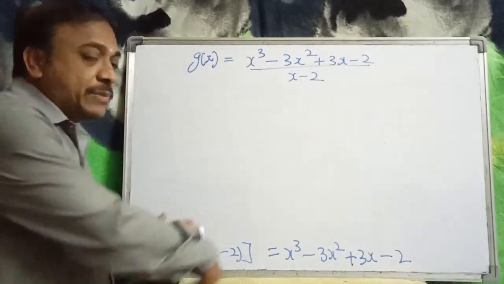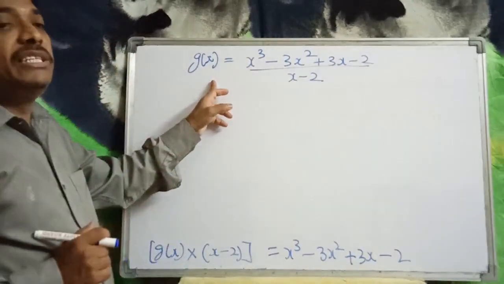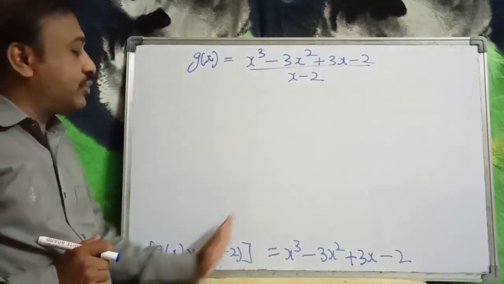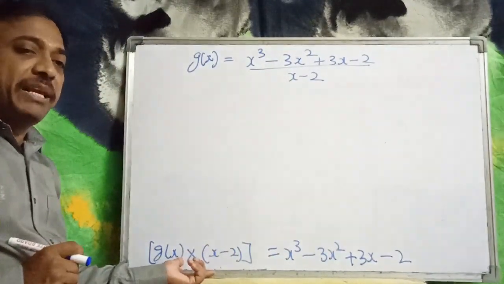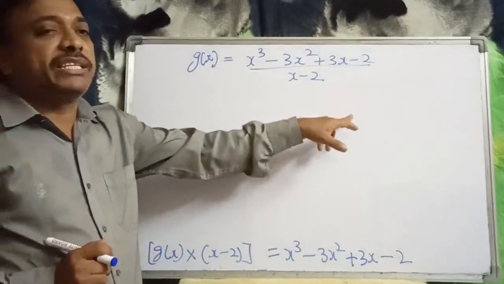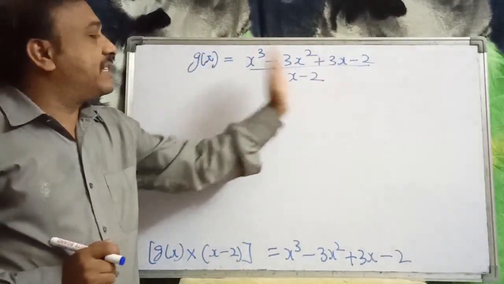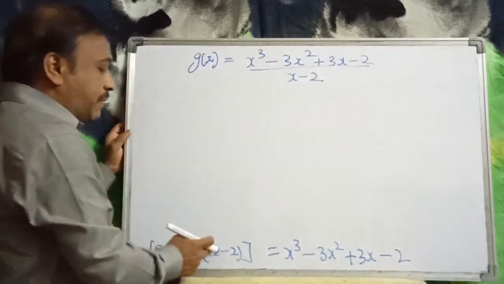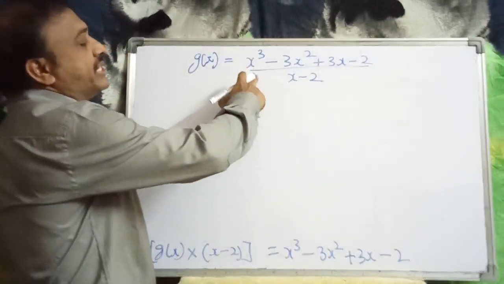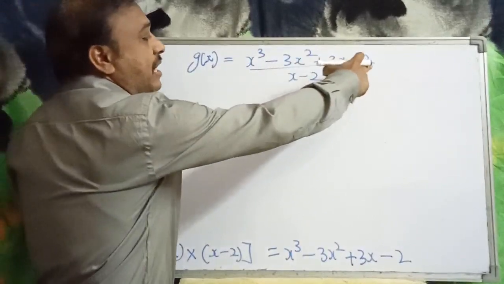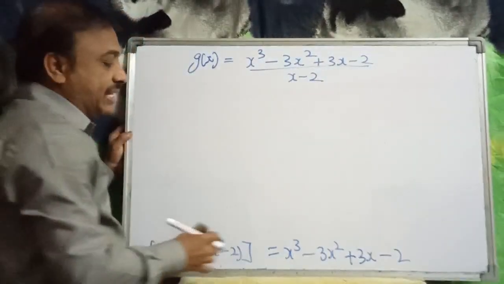Now transpose this side, then g of x is equal to x cube minus 3x square plus 3x minus 2 by x minus 2.